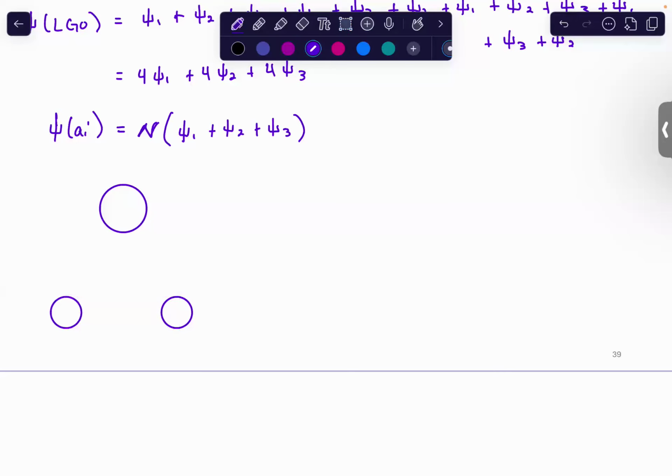All right, so the first thing we're going to have to calculate is this with a node this way.